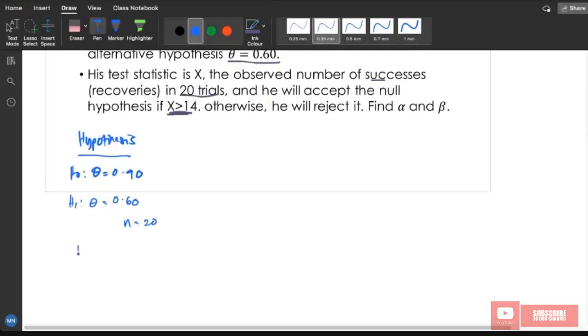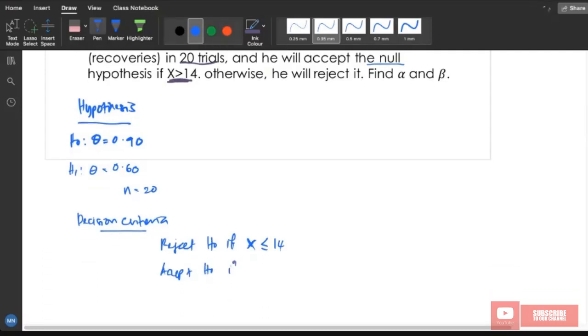Our decision criteria: we're going to reject the null hypothesis if x is less than or equal to 14. He will accept the null hypothesis when x is more than 14. So we accept the null hypothesis if x is more than 14.